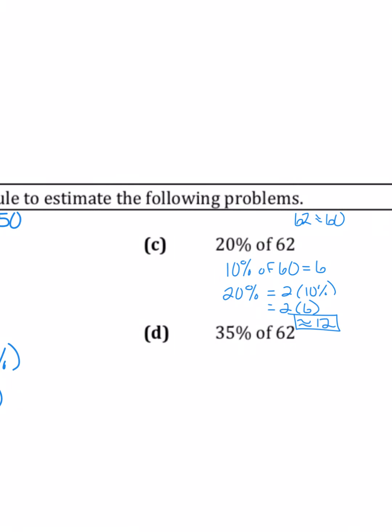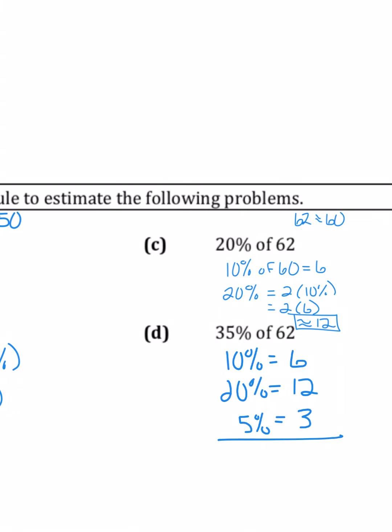Now on this next one, we can work to break down. So we'll again use 60 instead of 62. So if I think first 10%, I knew to be 6, right? 10% was 6. Based on what we did in the previous question, 20% was 12. And 5%, remember, would be half of 6, so that would be 3.